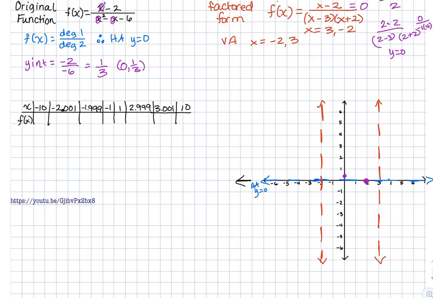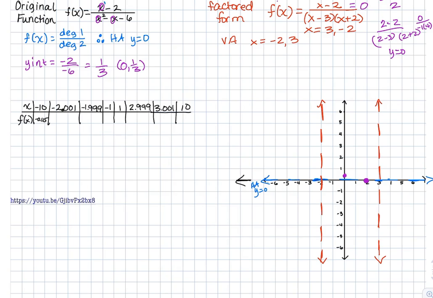Okay, so when we plugged in -10, what we got was -0.115. So it looks like we're coming at the horizontal asymptote from the negative, so from below. So we'll make a point really close to that asymptote. And then let's check what happens as we get to -2.001.